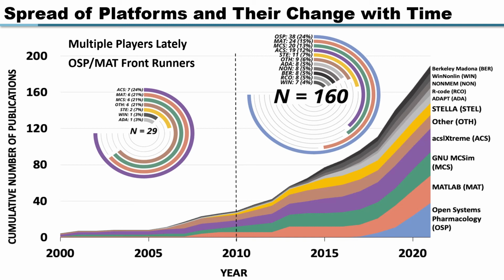More options of platforms were available in the recent years for PBPK modeling within the open source code platforms. However, it was not as equally distributed as it used to be 10 years ago.